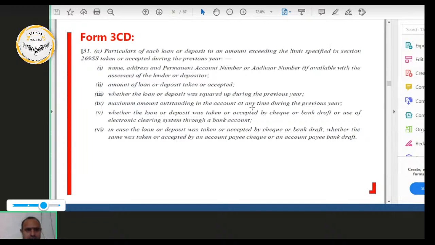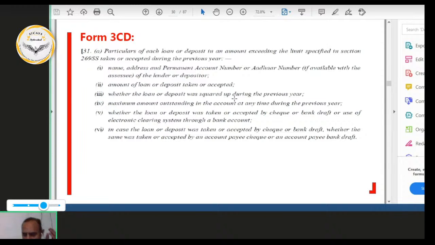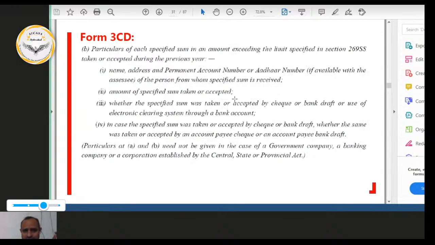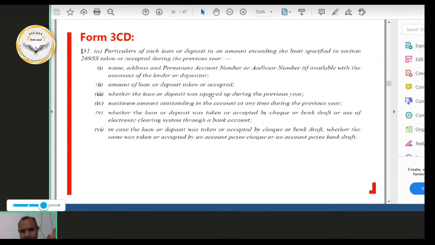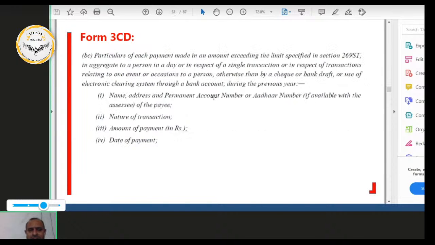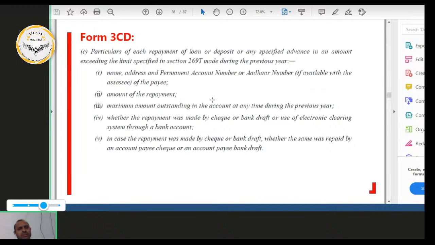Then 31A, 269SS. There are three sections: 269SS, 269T, and 269ST. In all these three cases, reporting is under two categories: at the time of acceptance and at the time of repayment. First you understand these particular sections, then the broad requirements of these clauses.